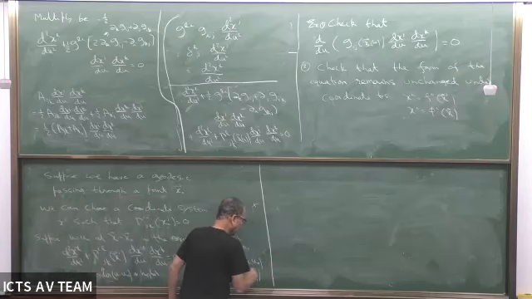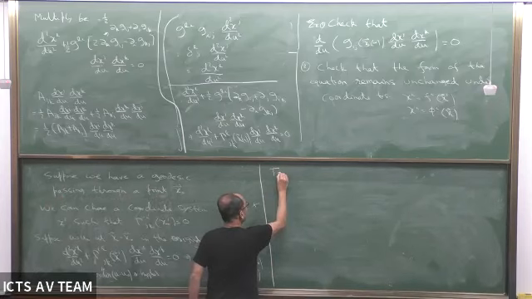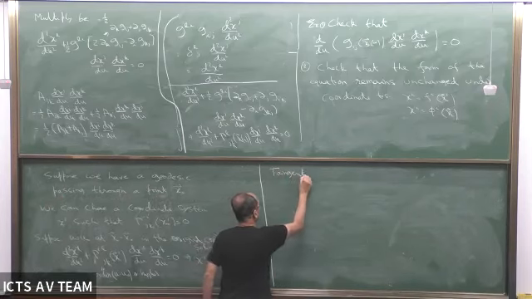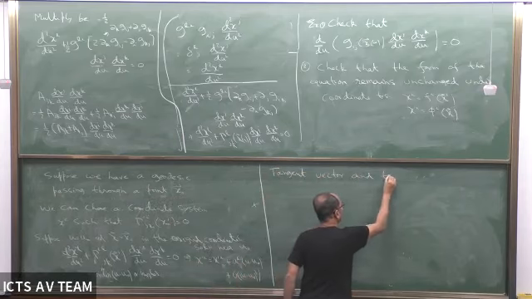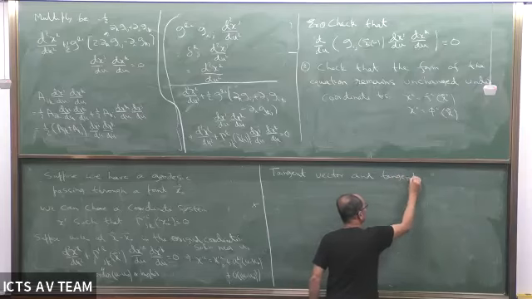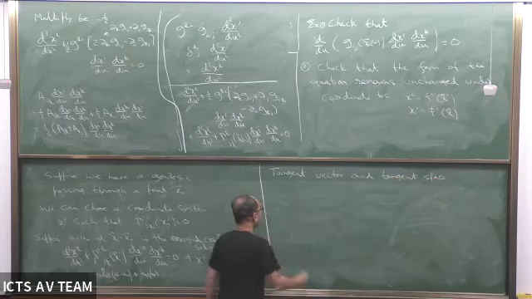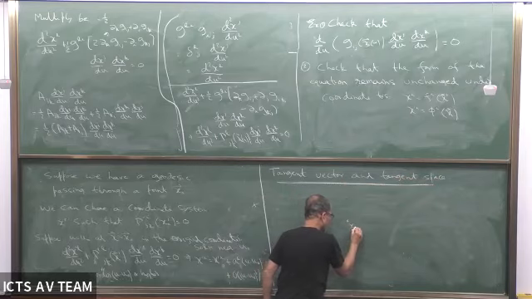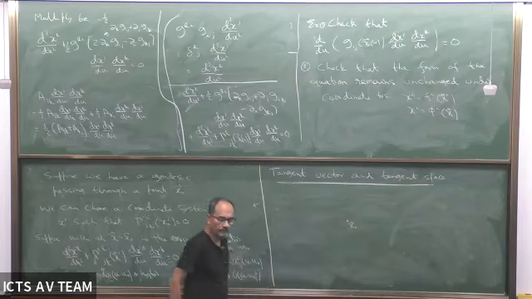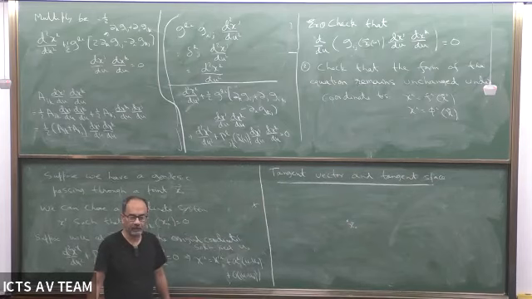Okay, so now I'm going to introduce another definition, the tangent vector and tangent space. Let's suppose that we have some point x naught, and we want to find a geodesic passing through x naught.